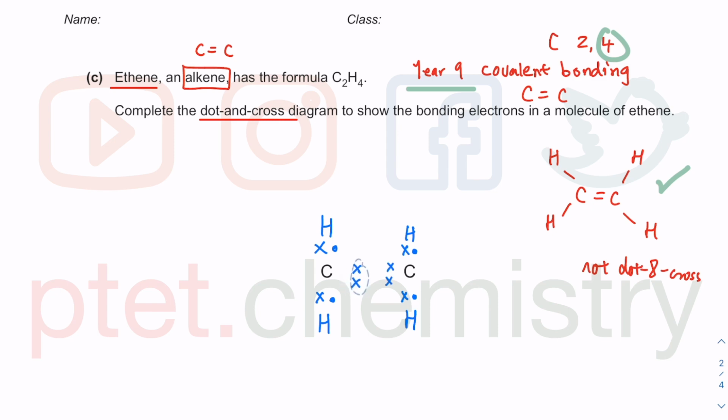I am going to have to move them closer together to represent that they are sharing electrons. Each covalent bond is 2 electrons that are being shared. 2 covalent bonds mean 4 electrons that are being shared. We just want to show the outer shell electrons because the inner shell electrons are not bonding. They just want bonding electrons. Only the outer shell is used for bonding because the inner shell is already full there.